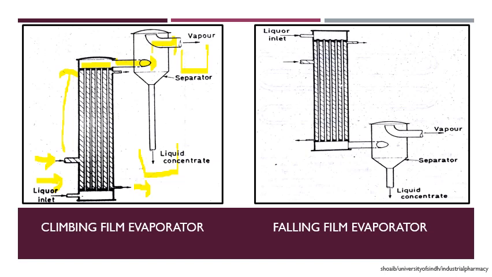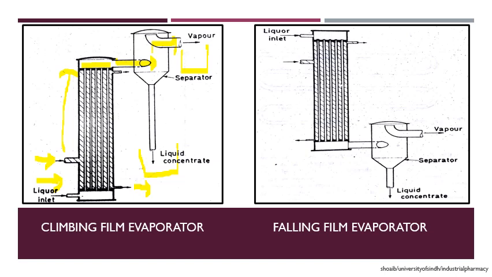Next is the falling film evaporator. In the falling film evaporators, as the name suggests, the liquid to be evaporated comes from upside to downside. In this, gravity plays its role. If gravity is playing its role, that means there will be more movement of the liquid as compared to the climbing film evaporator.